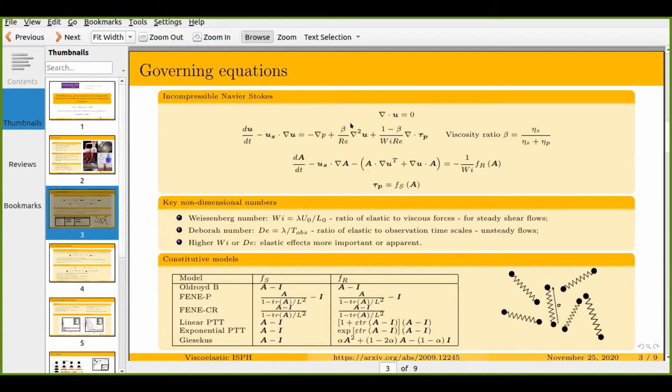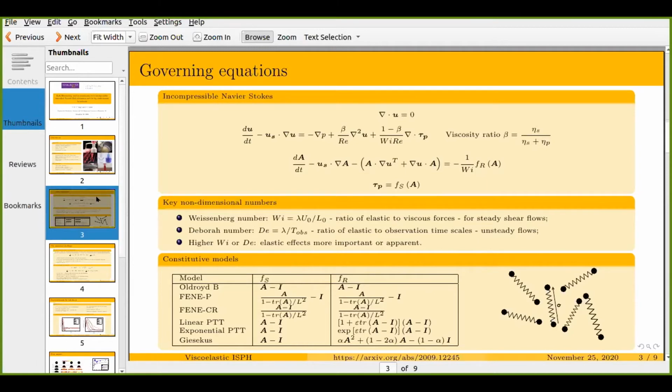This term here is just a derivative that follows the motion of the fluid alongside its stretching and rotating. And then these two terms, the relaxation function and the strain function, come from constitutive models which effectively describe the nonlinearity in the springs and the type of viscoelastic fluid that we're considering.